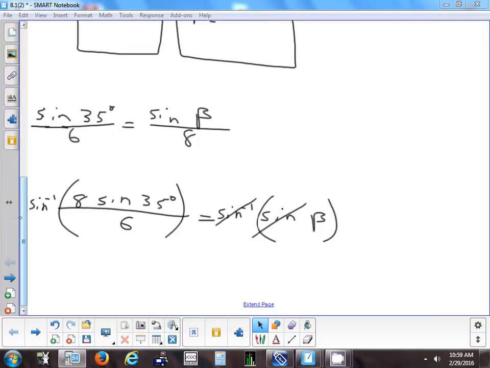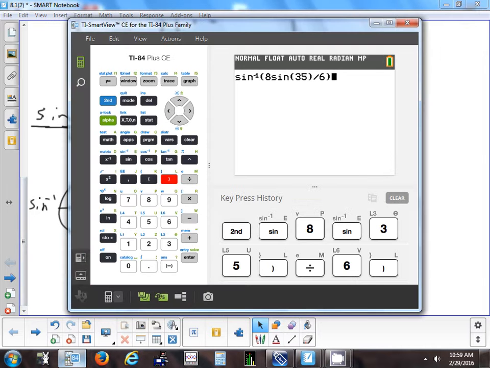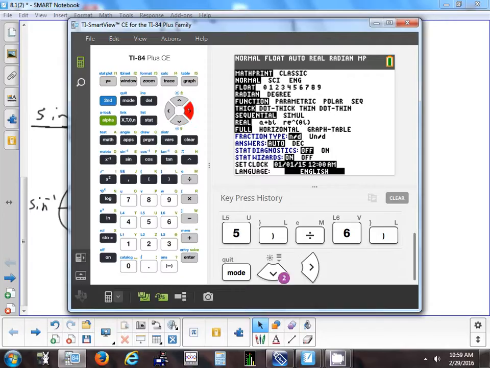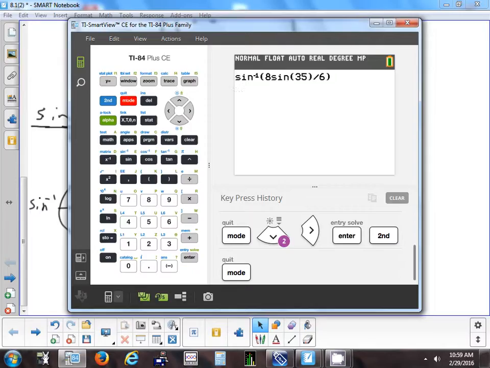My problem is in degrees, and I am in radians, so I want to change to degrees. Enter. So this is not no solution. This is one solution right there.